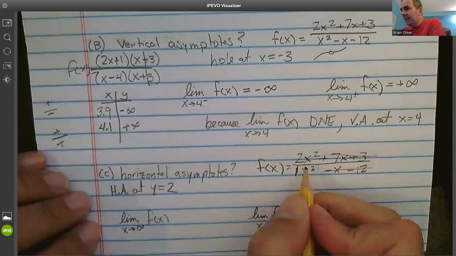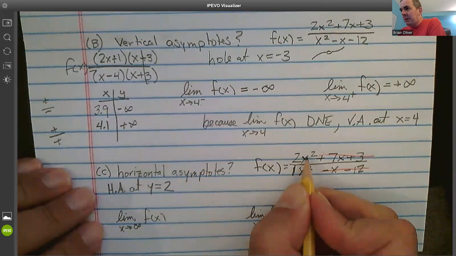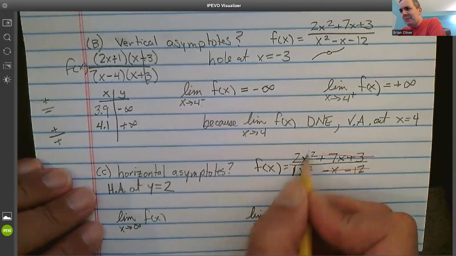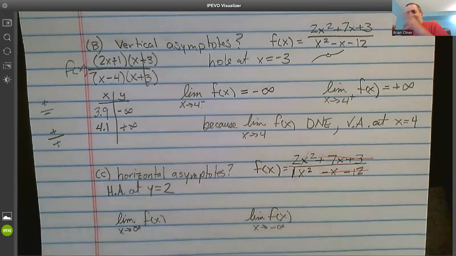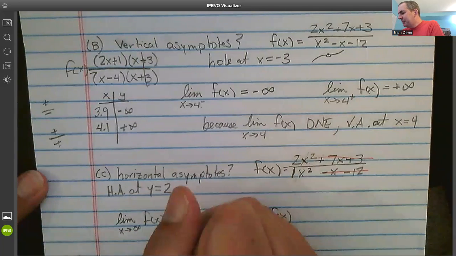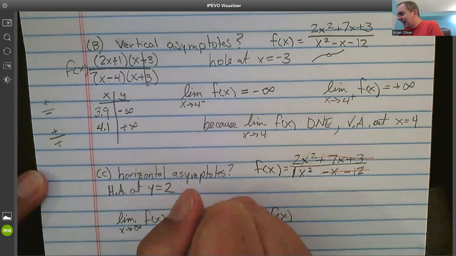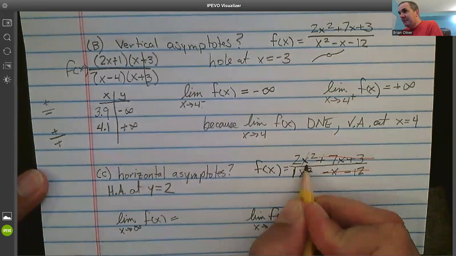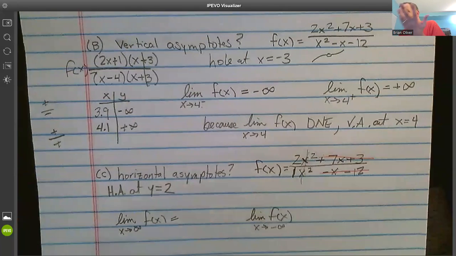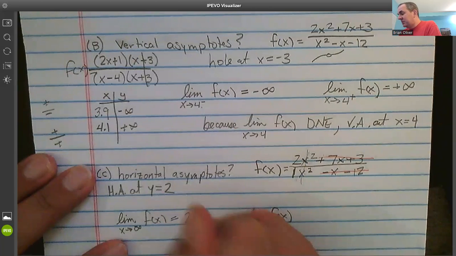So really what I'm looking at is, if I were to put in an infinity and an infinity, look at this. Basically, those almost in essence cancel out, if you will. What that's going to do is leave me with 2 over 1. So as I put in infinities here, infinity squared over infinity squared, in essence, just cancel out. That leaves me a 2.